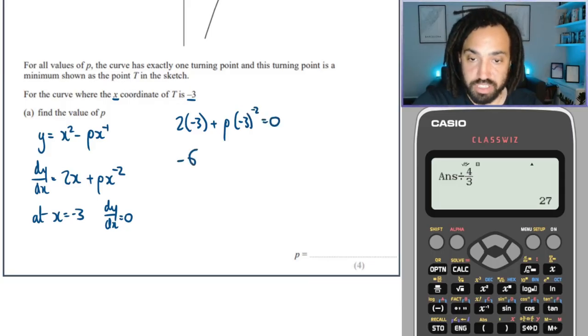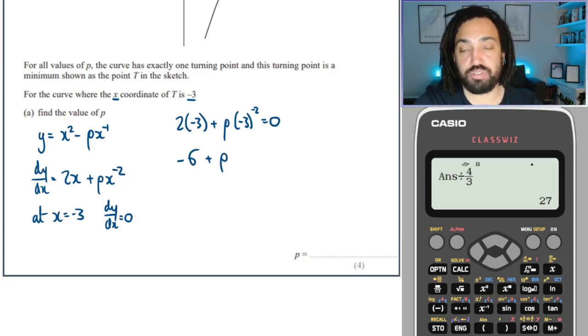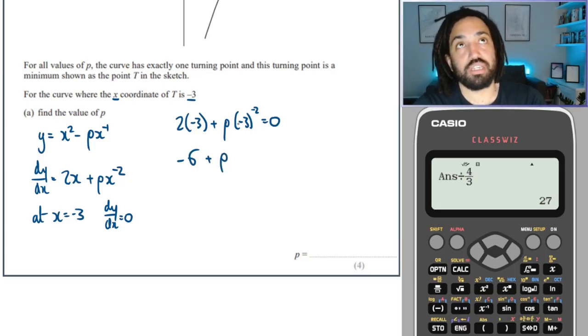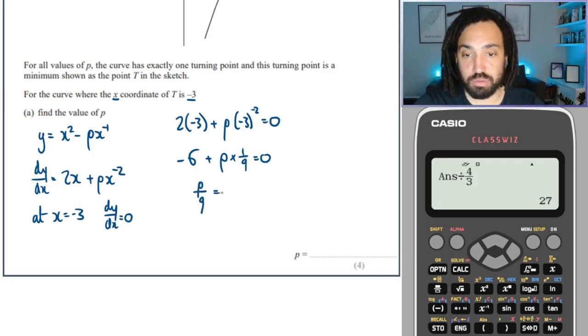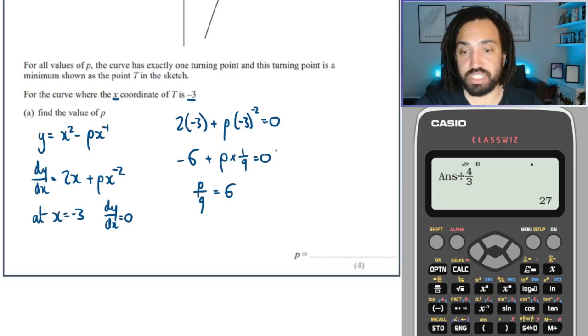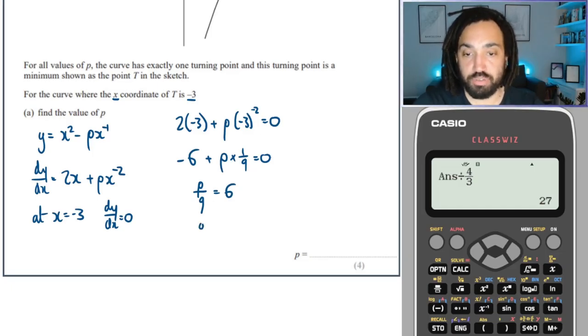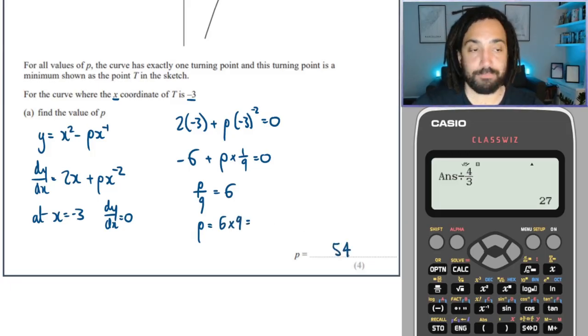Okay, so that's minus 6. Minus 3 to the minus 2 is 1 over 9. That equals 0. So that means p over 9 is equal to 6 by moving the 6 to the other side. So therefore p is equal to 9 times 6, which is 54. Perfect.